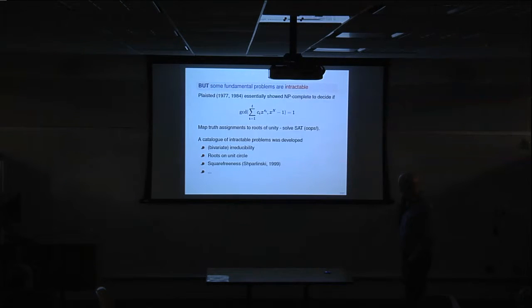Well, you are looking for roots of height 1 here. You're asking whether there are any roots on the unit circle. I'm saying there's an algorithm to say whether or not it has any roots of length 1. But that problem is known to be intractable. It's a subsequent result of Plaisted that roots on the unit circle is known to be hard. So yeah, I see what you're saying.